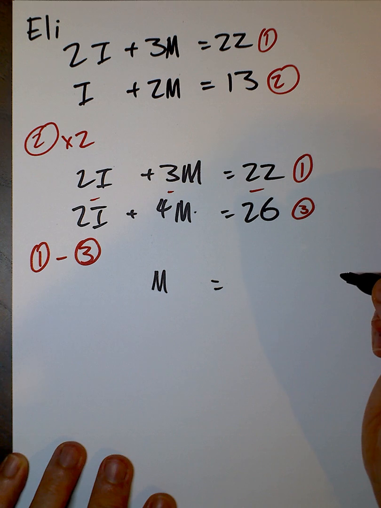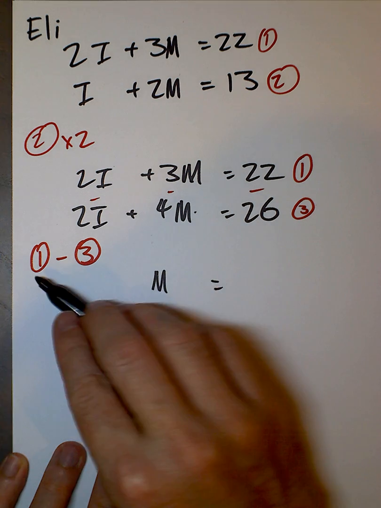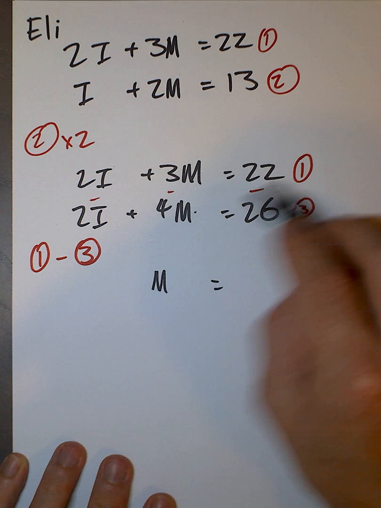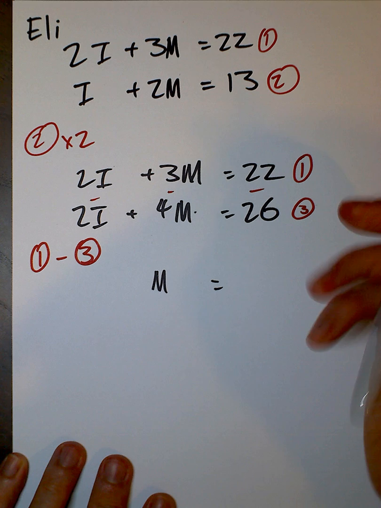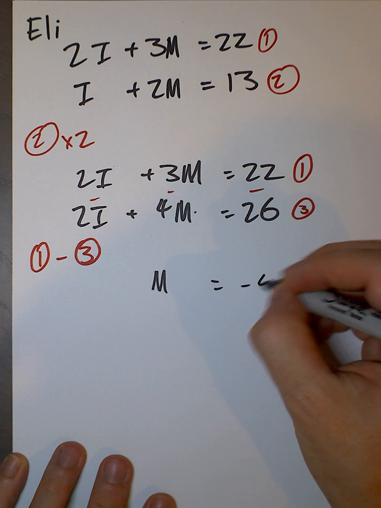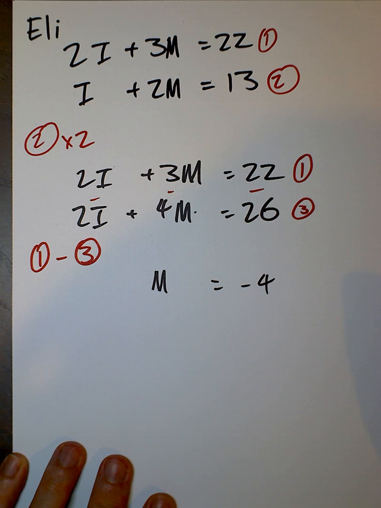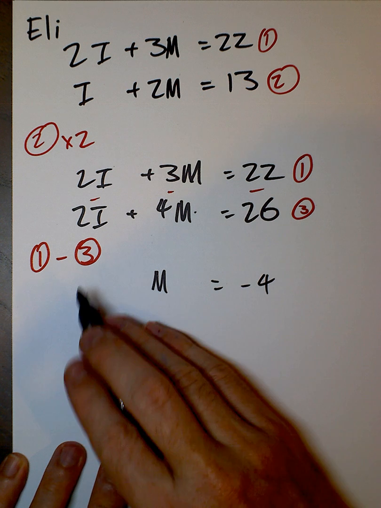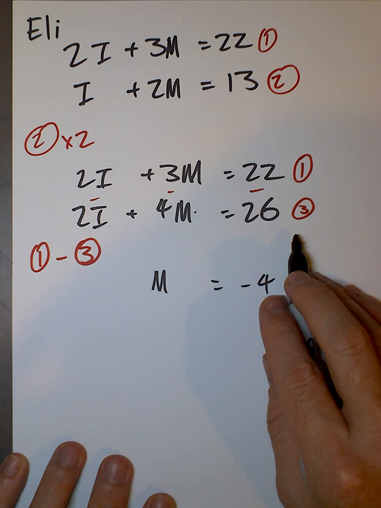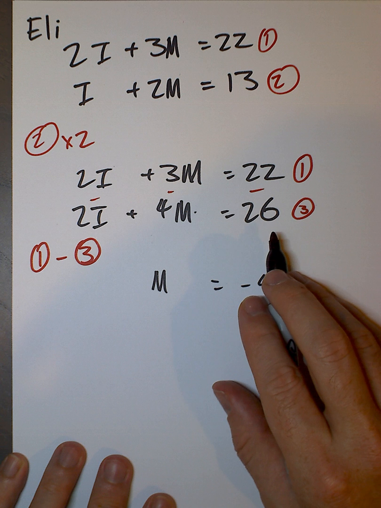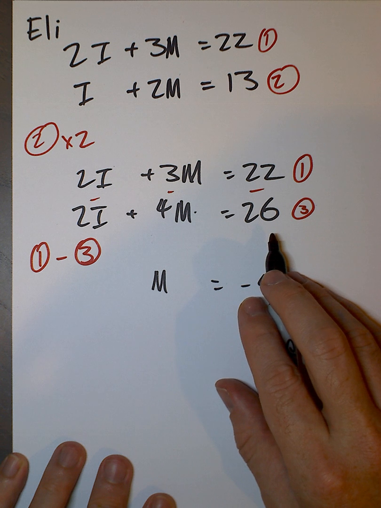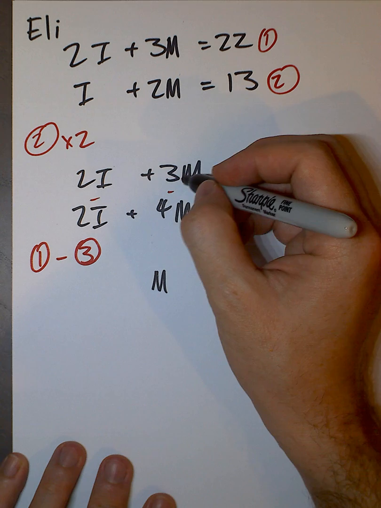Uh-oh, we've made a mistake here somewhere. 1 take away 3. That is not right. What have I done wrong here? I have taken them the wrong way around. Sorry, here it is.